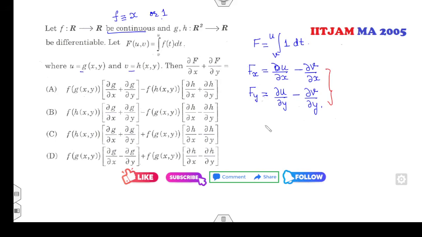So what is that? Your target is to add them. If you add, it will be u plus, fine, minus v with respect to x, v with respect to y. That's the answer.